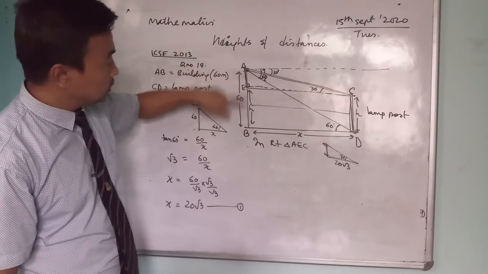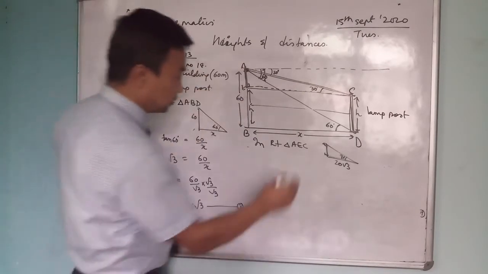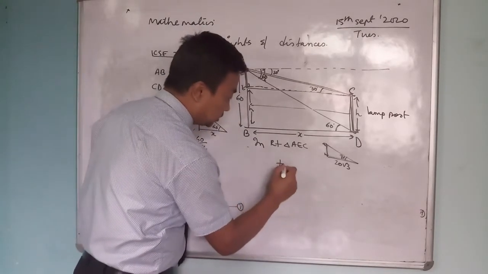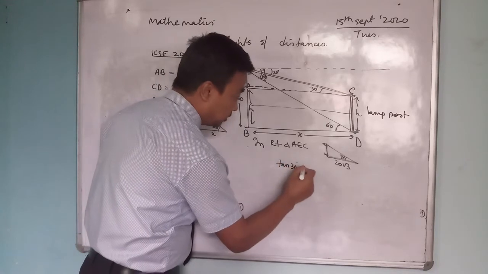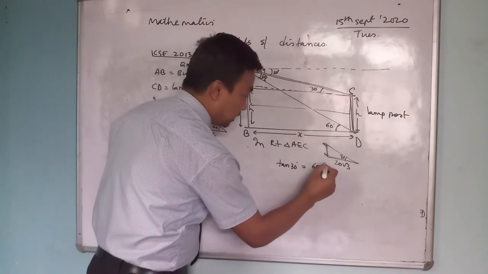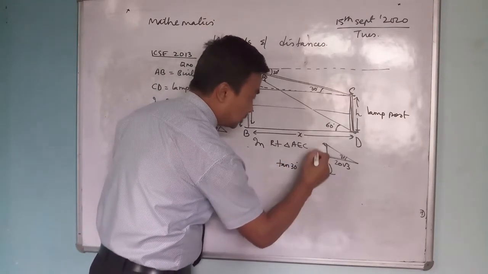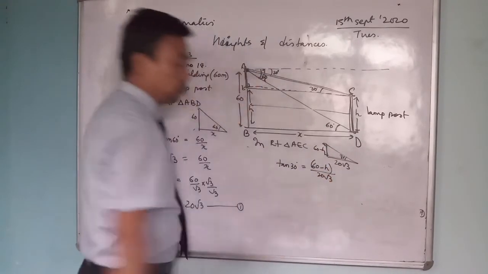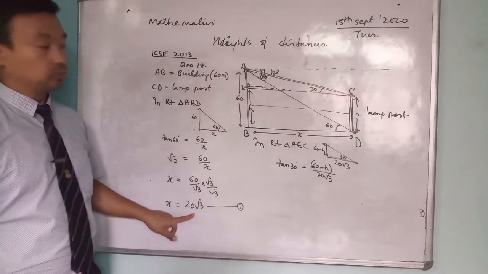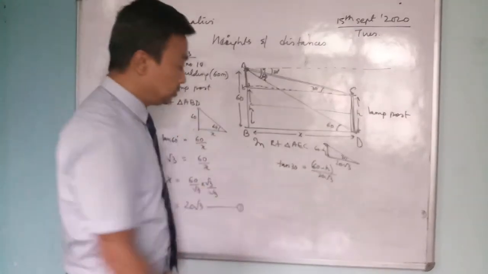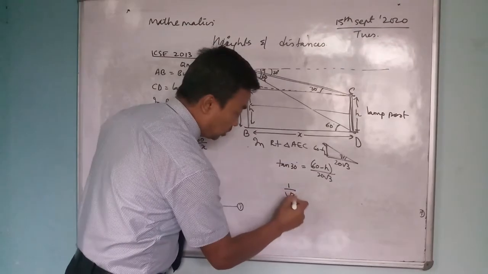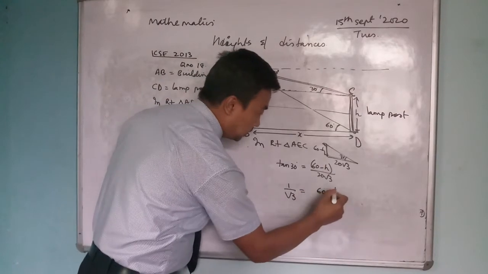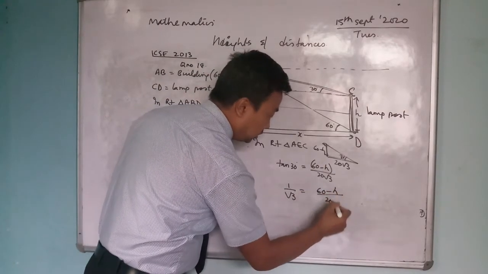The total height is 60, so this will be 60 minus h. So we can write tan 30 degree equals 60 minus h, that is the perpendicular, and the base is 20 root 3, because the base we have already found. So tan 30 we know is 1 by root 3 equals 60 minus h over 20 root 3.